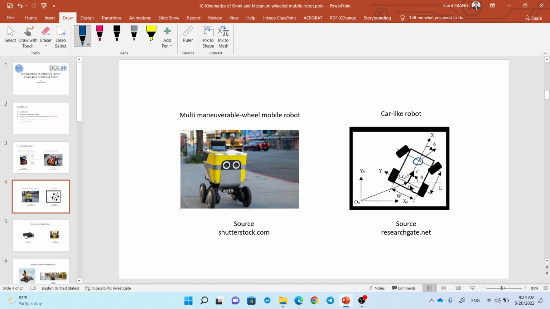If they are actuated, you need to have a differential drive mechanism in order to have different velocities of the wheels. Why is this important? Because when you want to rotate, for example, in this way, this wheel must have a slower velocity.